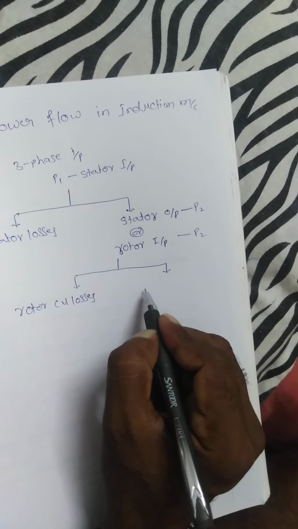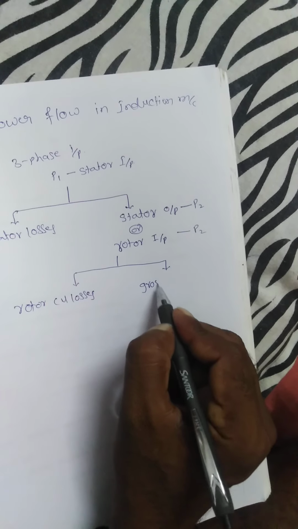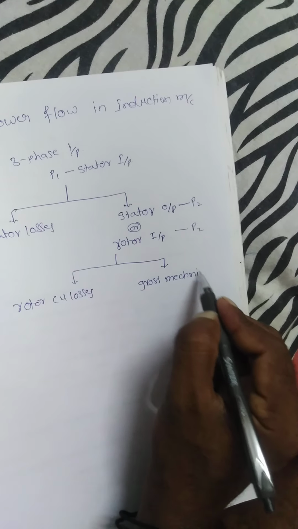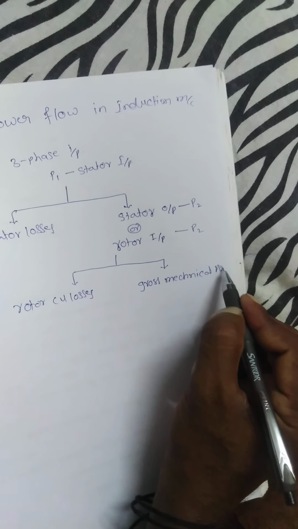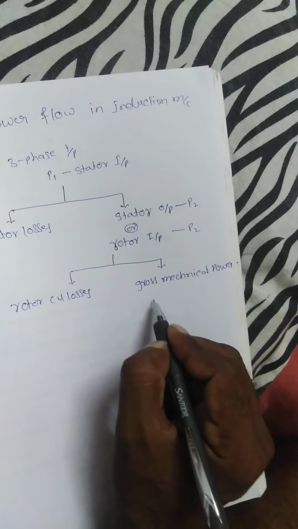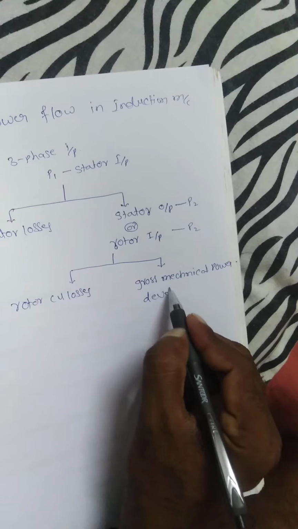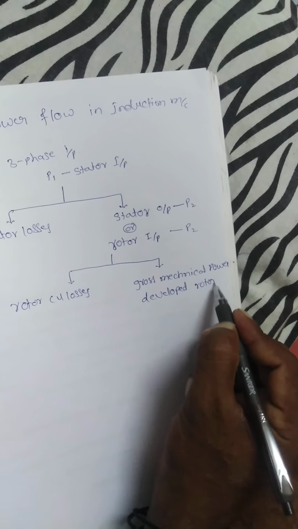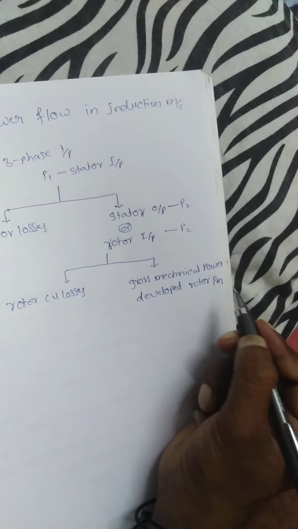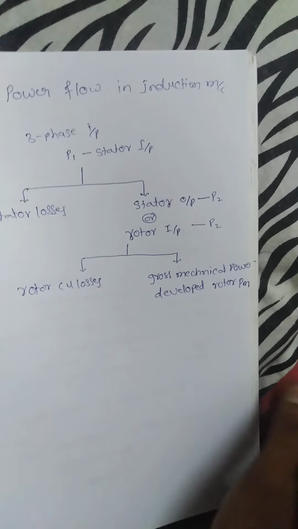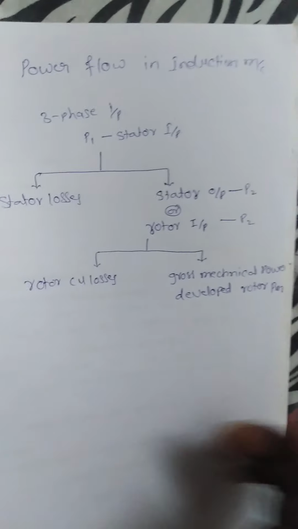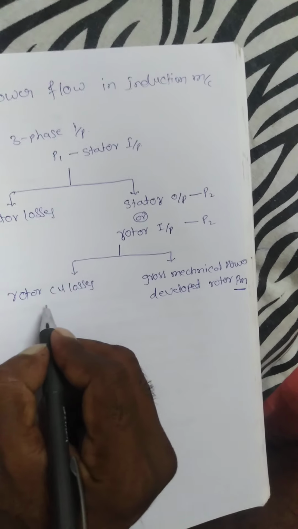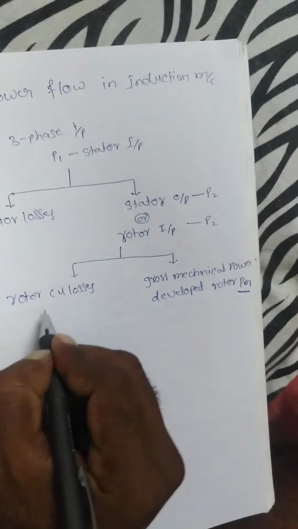It is also called the gross mechanical power developed by the rotor, PM. The gross mechanical power developed by the rotor is PM, the mechanical power, and the rotor copper loss is called PCU.